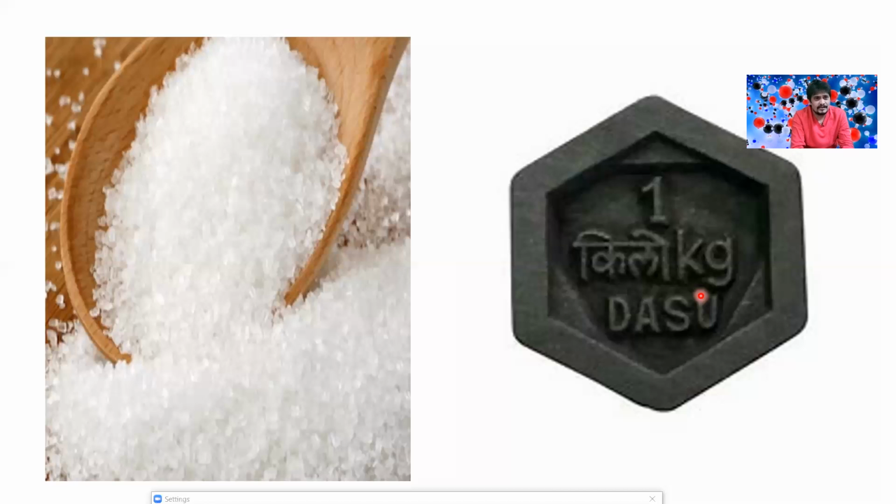Otherwise, with the help of the reference electrode, we cannot measure the standard electrode potential of the electrode. I will get back to what exactly the standard electrode potential is.